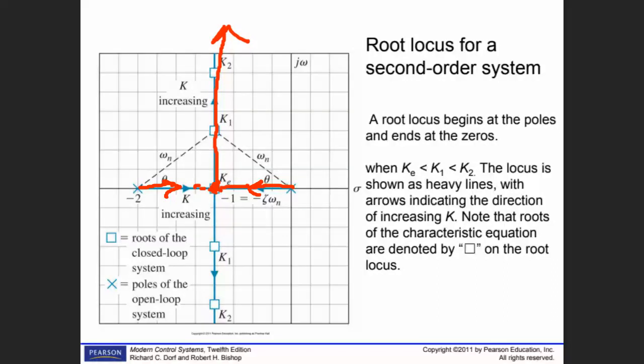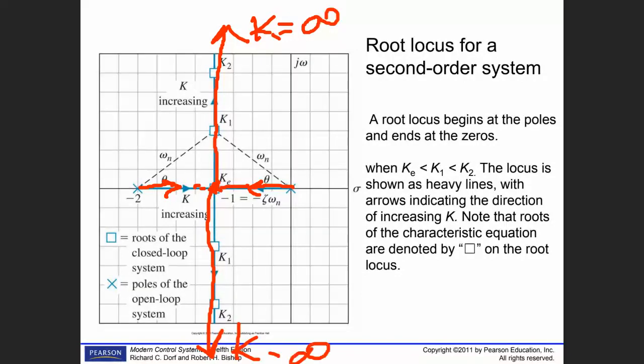These are K equal infinite points, asymptotic. So that value, -1, is symmetrical. That one is 0, that one is -2, and this one is -1.